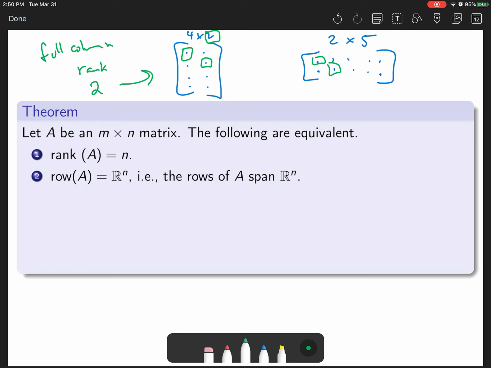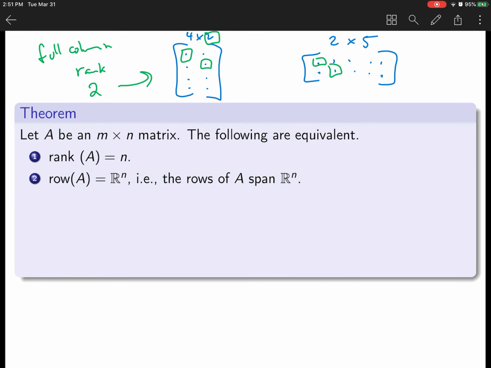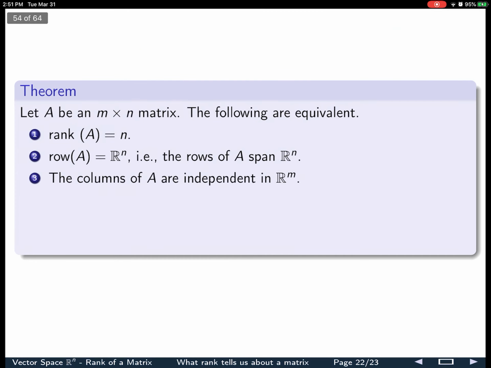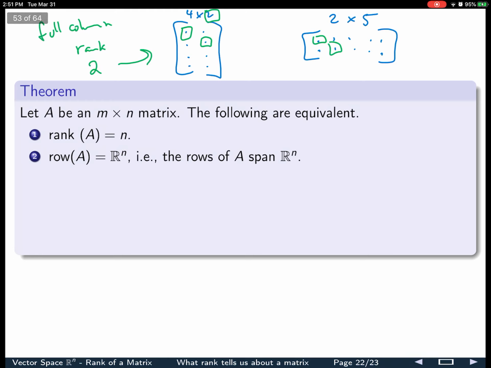Okay, so the rows of A span Rn. Rn is R2 in this case, and yes, the rows would span. Sure. All right, let's keep going. We're going to keep going.